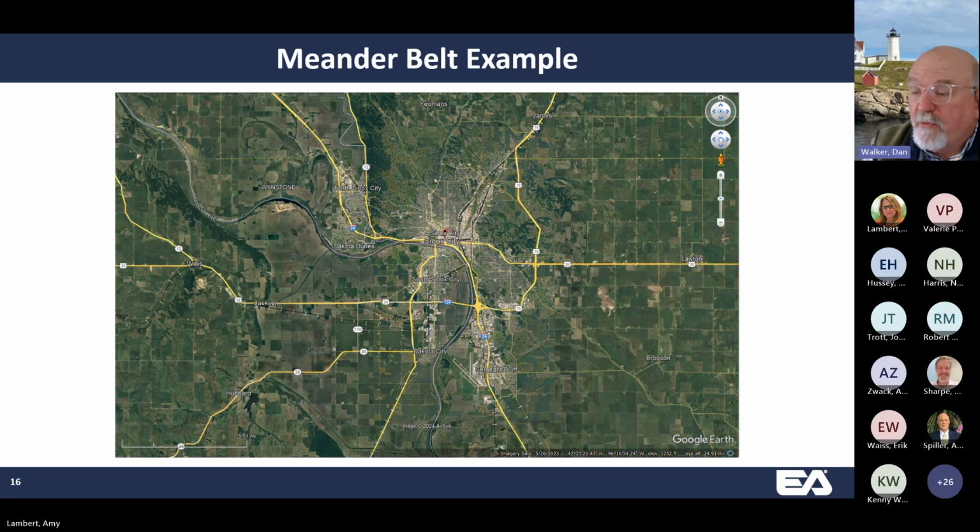Most of the airports were originally built or originally sited on flat ground near a city. And flat ground near a city in the Midwest oftentimes is in a floodplain. So in this particular floodplain, which is near Sioux City, what you see here is the Missouri River. It meanders back and forth between a couple big bluffs. These are the bluffs along here. The river migrates back and forth.